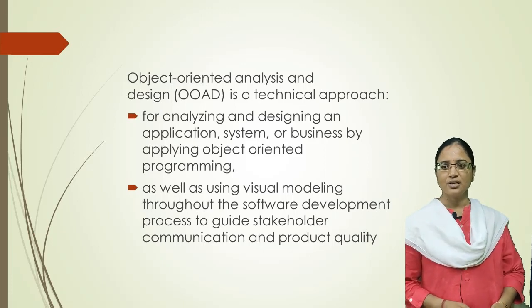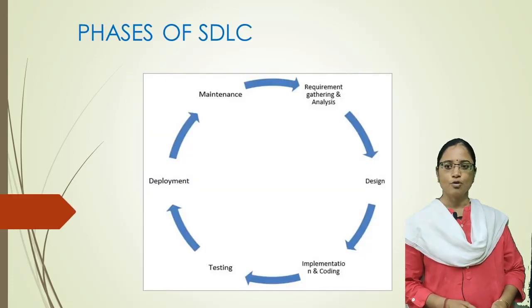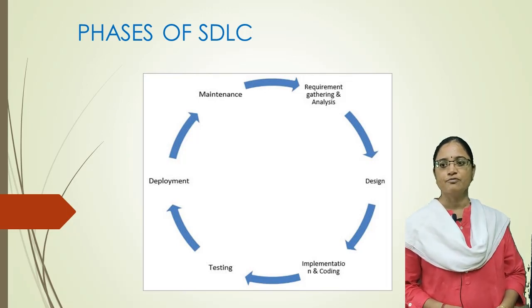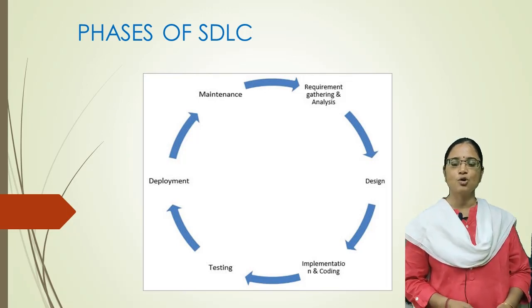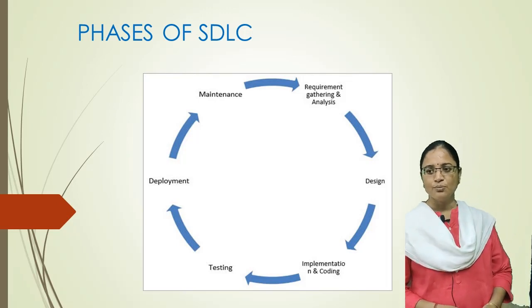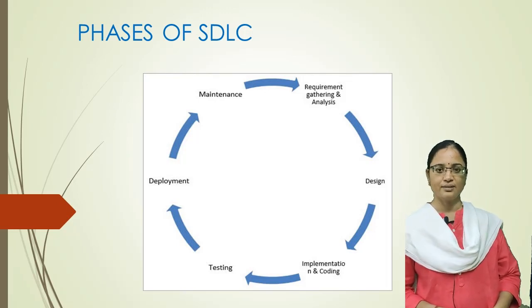In software engineering, you have the software development life cycle, which is a systematic process for building software that ensures the quality and correctness of the software built. There are 7 phases in the software development life cycle.